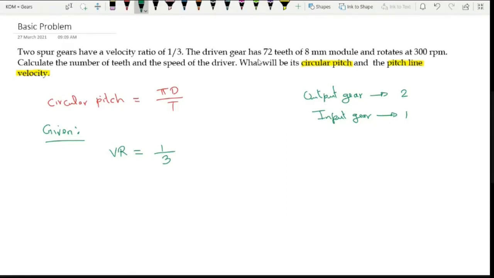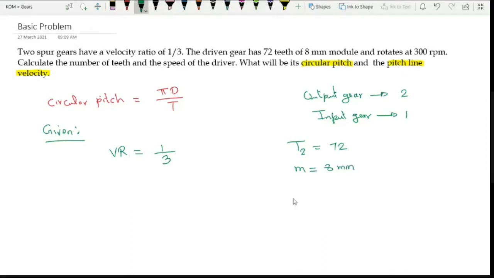They have mentioned the driven gear has 72 teeth, which means it is T2. So T2 is 72. The module M is 8 mm.